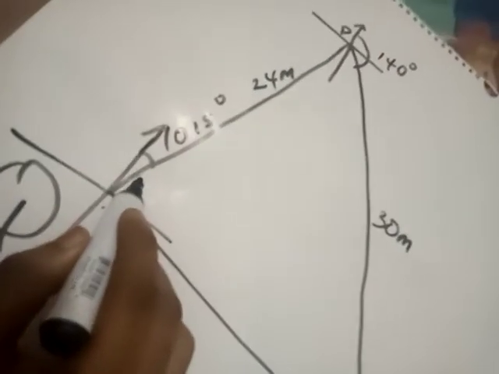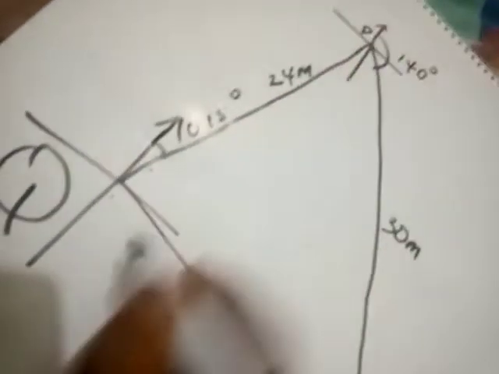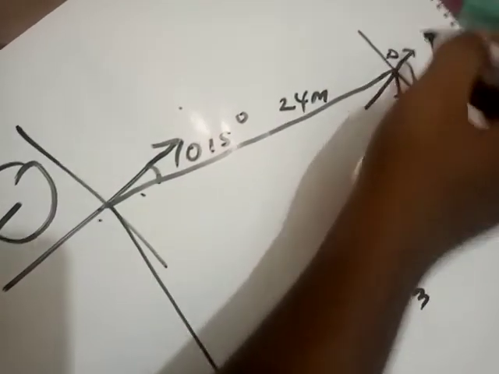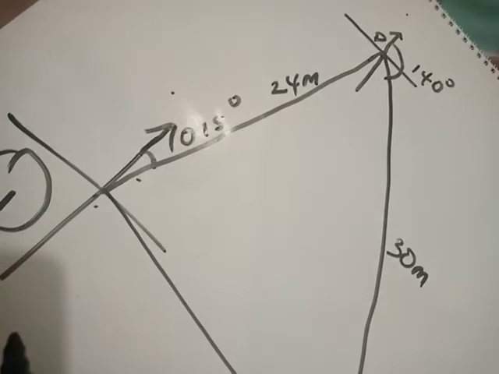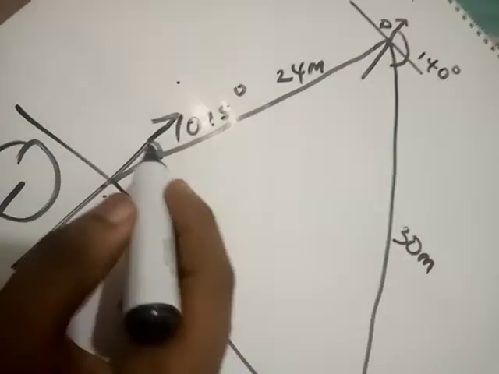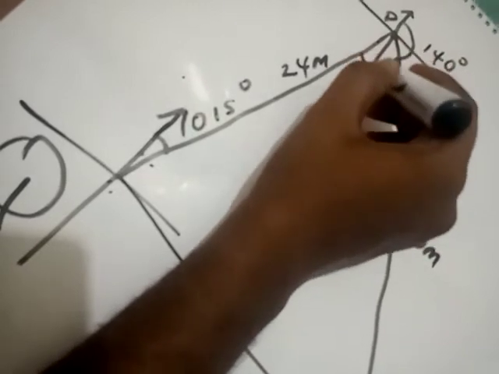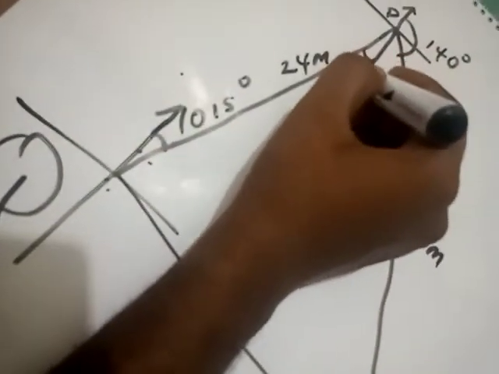The next thing for me to do is to fill in the angles. If you look at Q and P, you have 015 degrees here. You find that these two lines are parallel: Q to the north axis and P to the north axis. So if this is 015 degrees, this will also be 15 degrees.